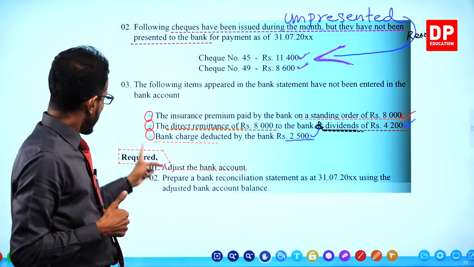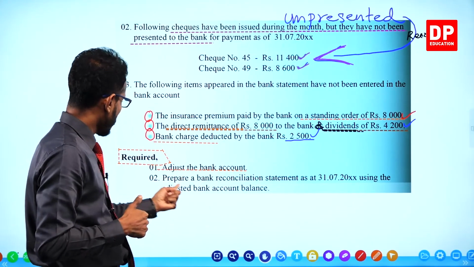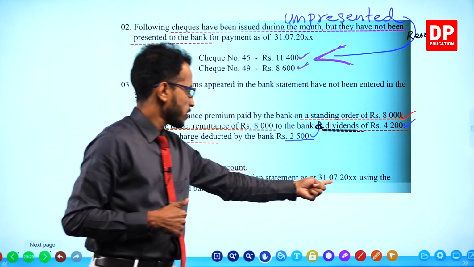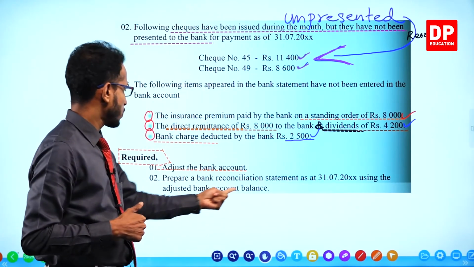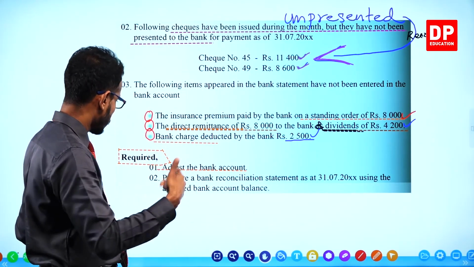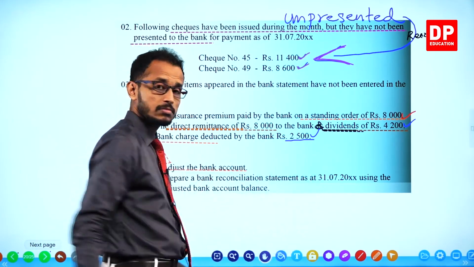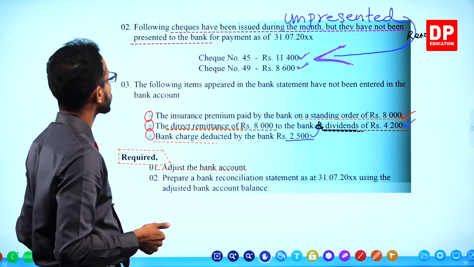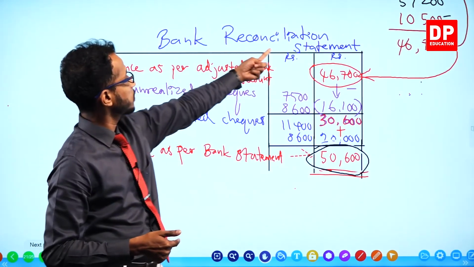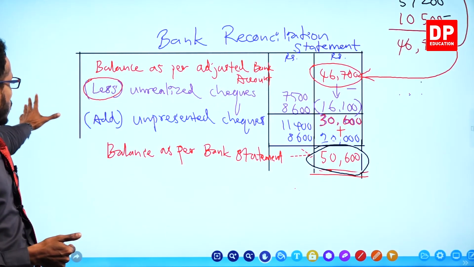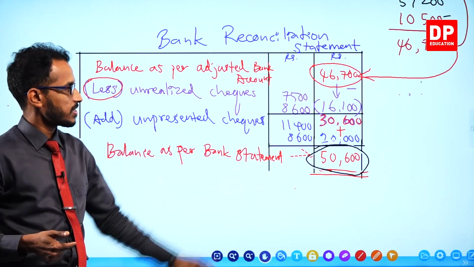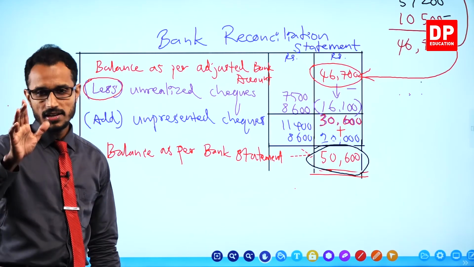We prepared the adjusted bank account and we prepared the bank reconciliation statement as at 31st July using the adjusted bank account balance. Bank reconciliation statement prepared. And finally, the balance as per bank statement is taken as the final answer.